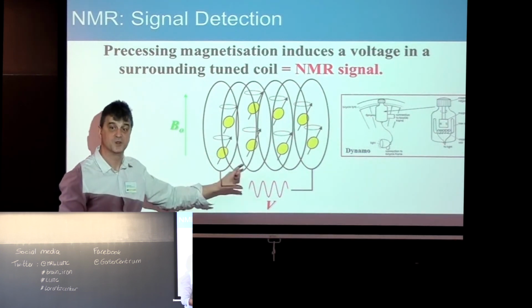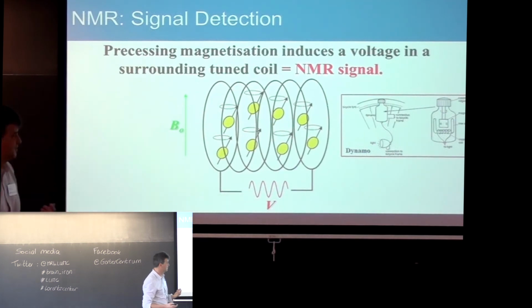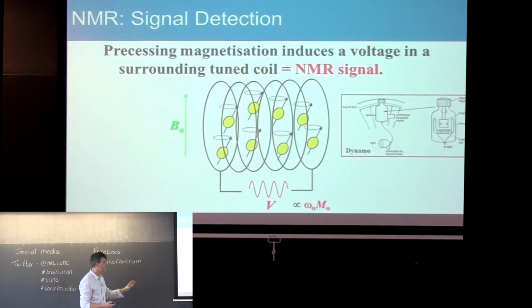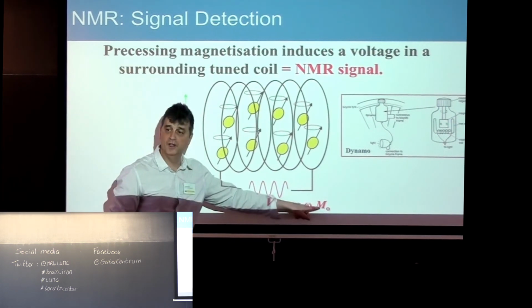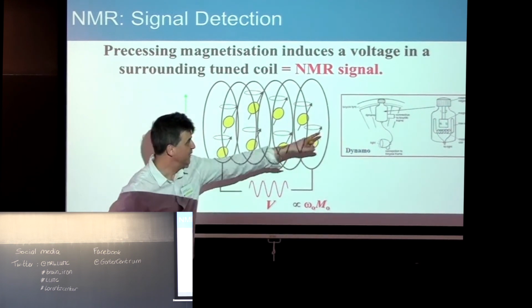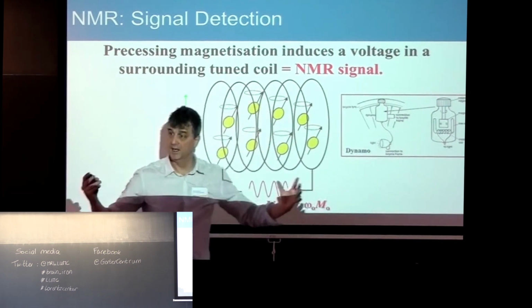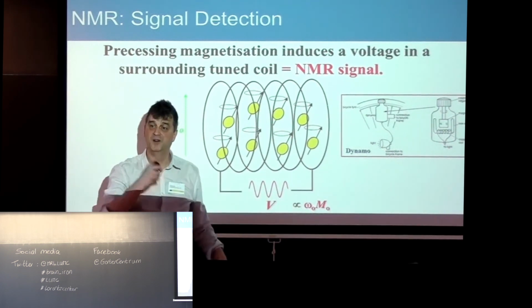That's what we detect, that's what we use to make the signal that we then use to make a magnetic resonance image. That signal is proportional to how strong the magnetisation is. The stronger the magnetisation, the bigger the magnet here, the bigger the voltage you get. But it also depends on the rate of rotation.